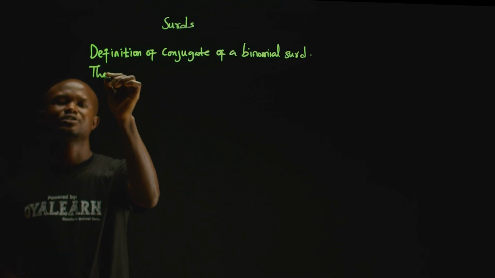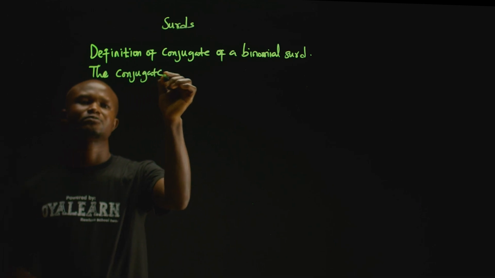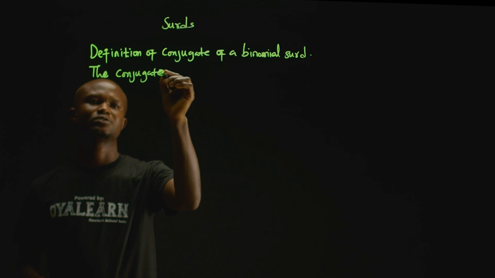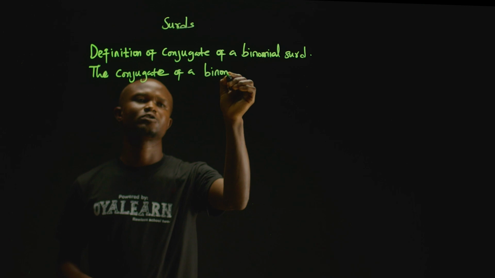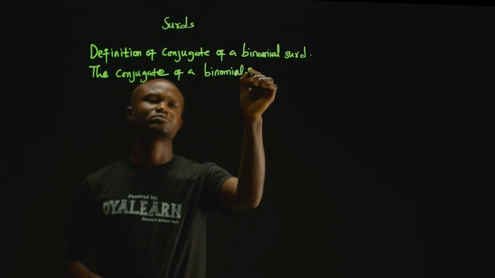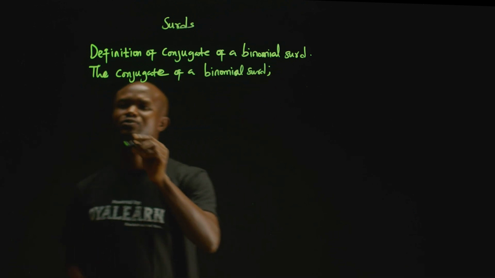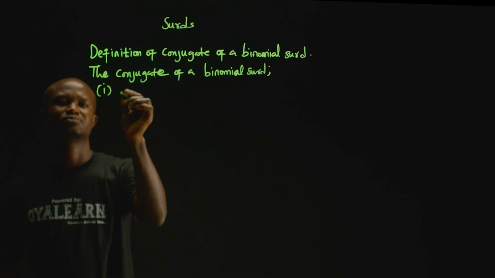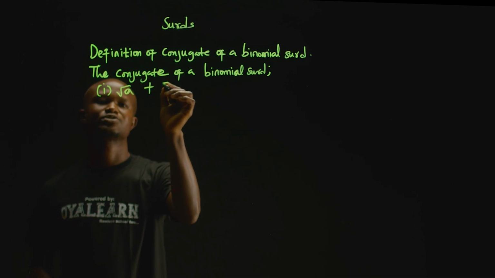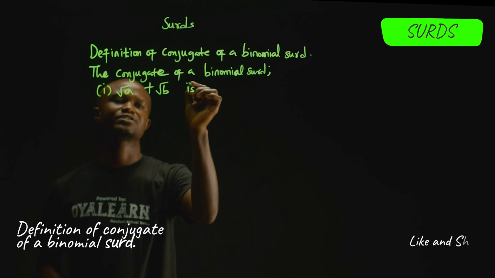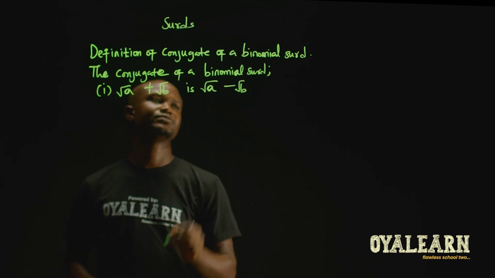The conjugate of a binomial surd root A plus root B is root A minus root B.